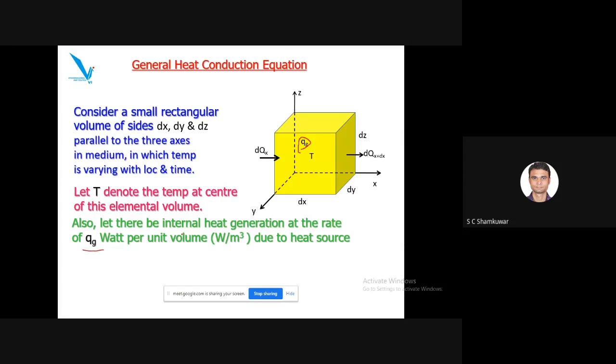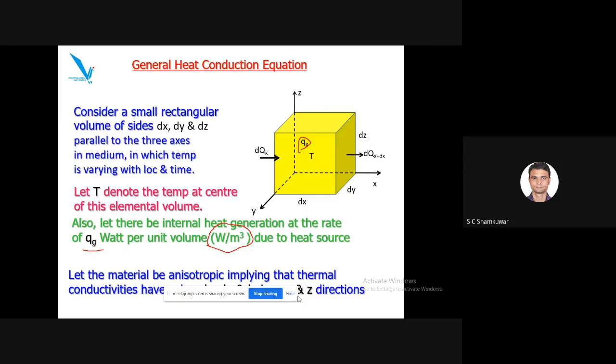So let us assume QG is the internal heat generation, and its value is in watt per meter cube. So there is one heat source inside the rectangle, and due to that heat source, some heat is generated inside the rectangle only, and QG is denoted in watt per meter cube, meaning the heat generated per unit volume.